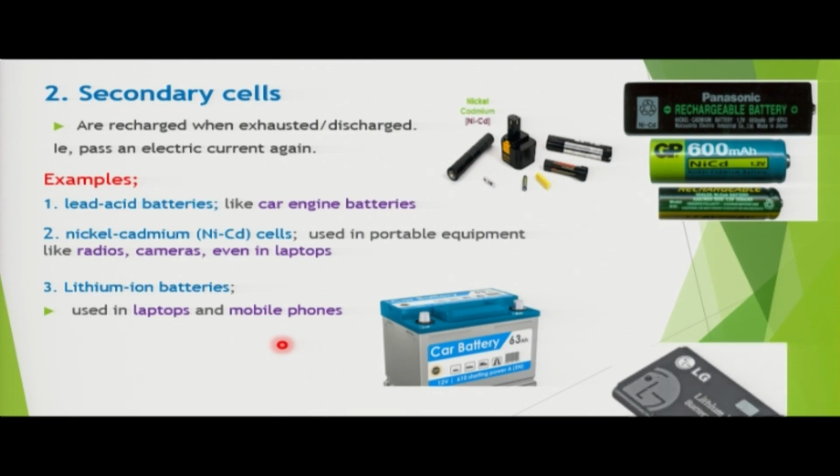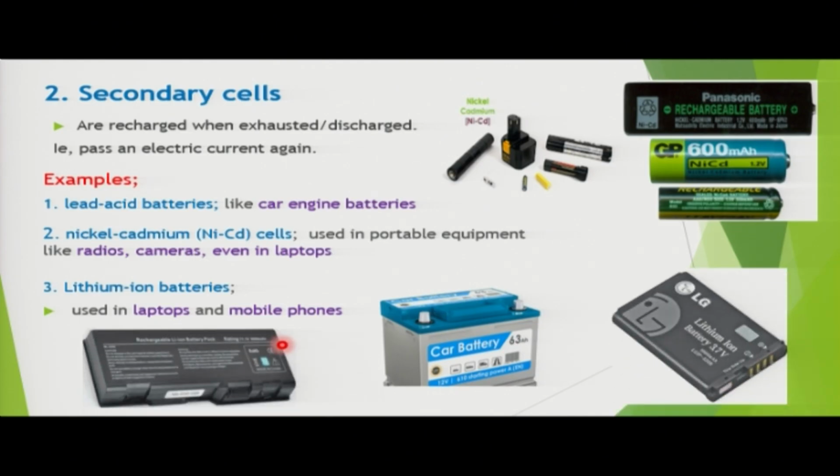This is the common and the very advanced. An example is this lithium battery for the mobile phone, the smartphones, like LG, Samsung, and so on. The majority of them have the lithium-ion battery. Look at it. Then the laptop, like this HP, they also have lithium, which is of this category.